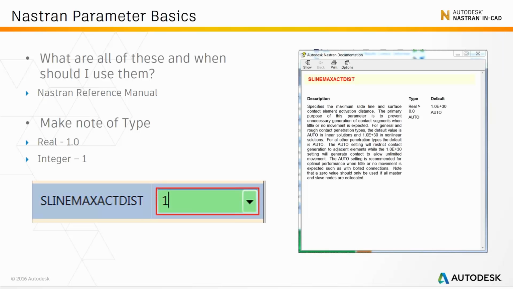Make note though that when you are modifying these, some require a real value and others require an integer. So in some instances you will be required to put in 1.0, or in other instances 1. How do you know? Well, you can look inside the reference manual, which will give you an idea.